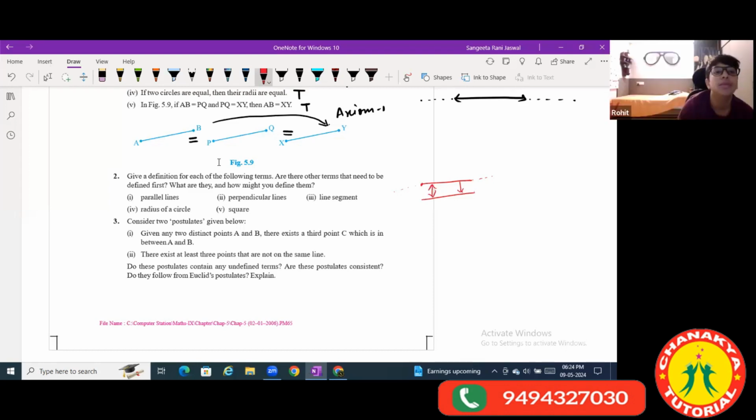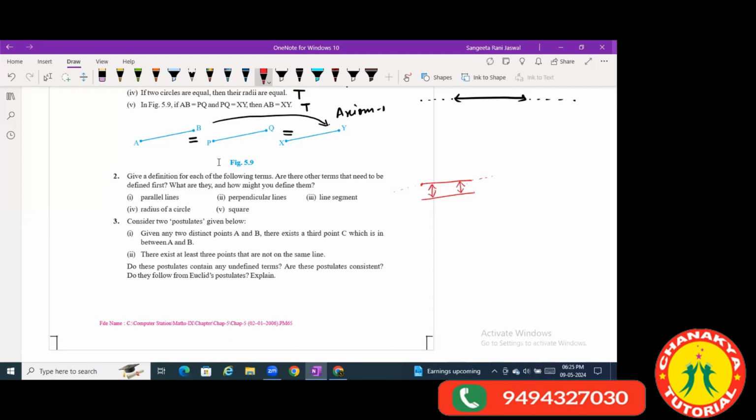Ma'am, what do we write for parallel lines? These questions are so obvious that even I don't know what to write here. I'm just joking, but I'll give you something to write. To have parallel lines, we need two lines with an equal distance between them.